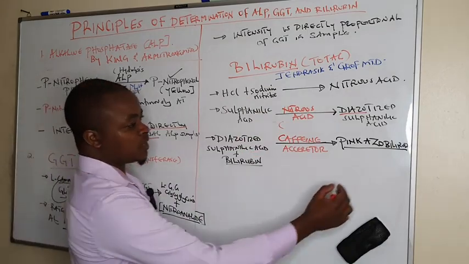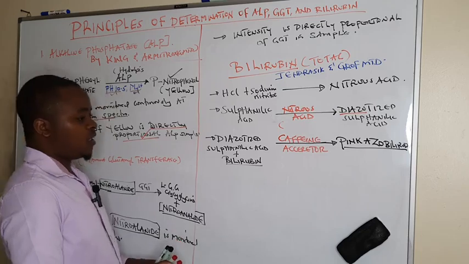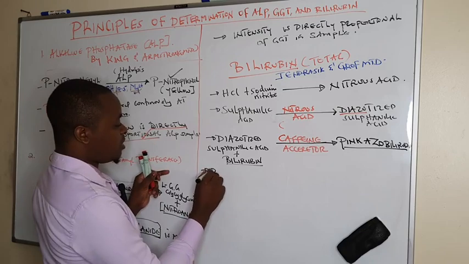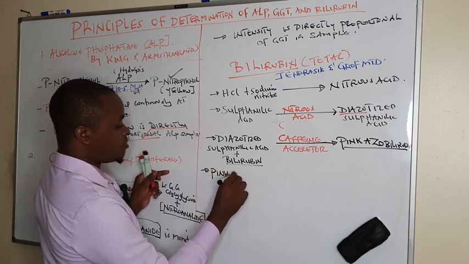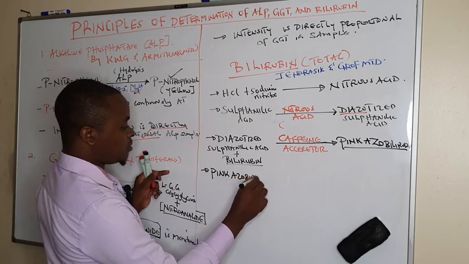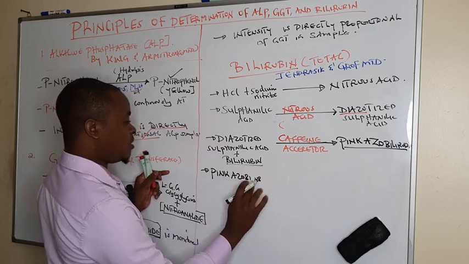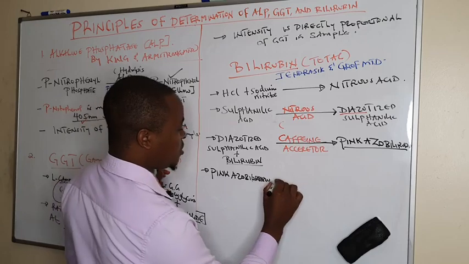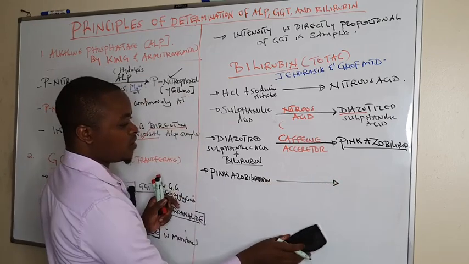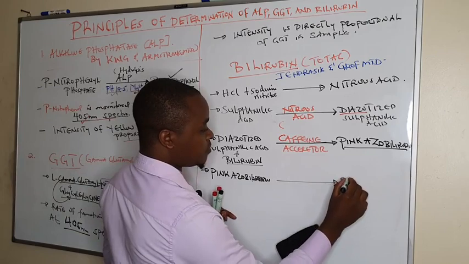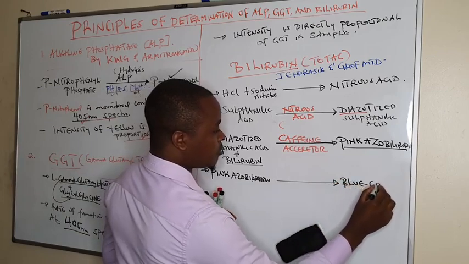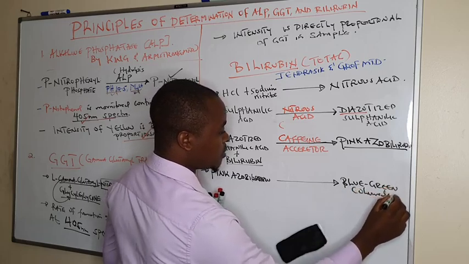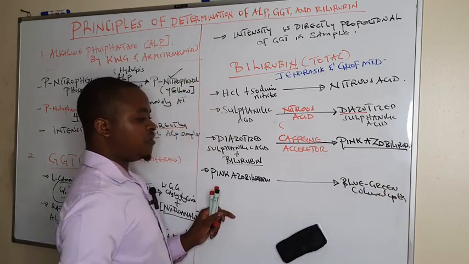Then after forming this pink colored azobilirubin, the pink azobilirubin is going to be converted to a blue-green colored complex. And how does it form?